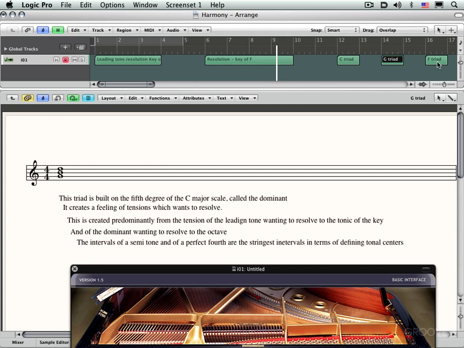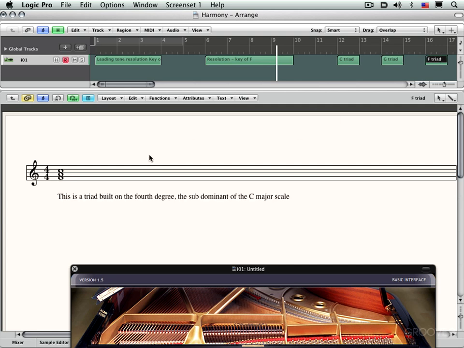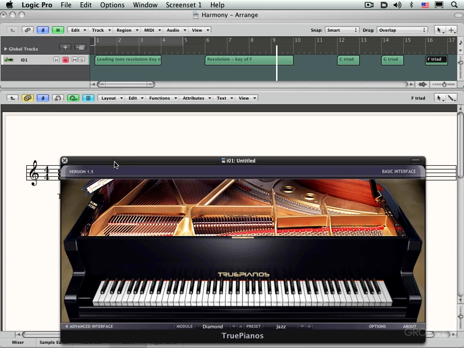Now let's look at the subdominant triad over here. This is a chord built on the fourth degree, called the subdominant in the C major scale. And that sort of wants us to lead to the dominant, which brings us to the root. So let me play these a bit for you. And I'll pull this up so you can see the notes as I'm playing them. So let me orient you with the scale again.